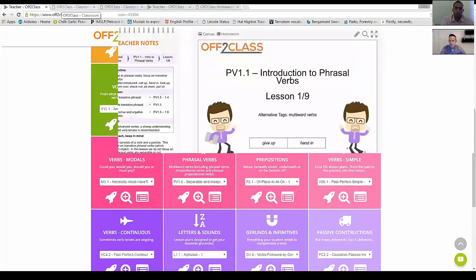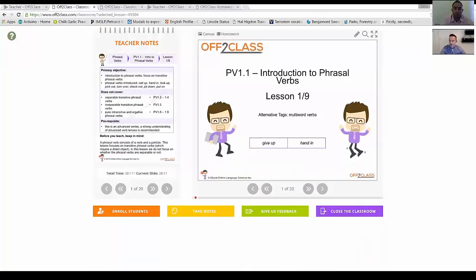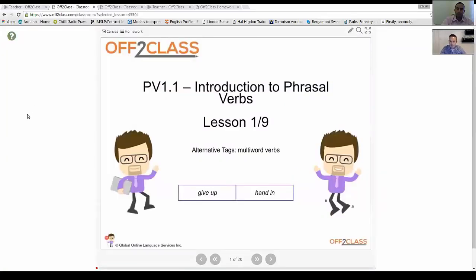And this is what, when I teach phrasal verbs, this is the first one that I'll go to, which is a pure introduction. I'm just going to open that, and hopefully now none of you can see the teacher notes, but I can.